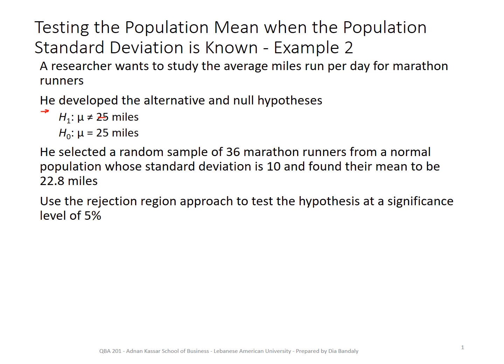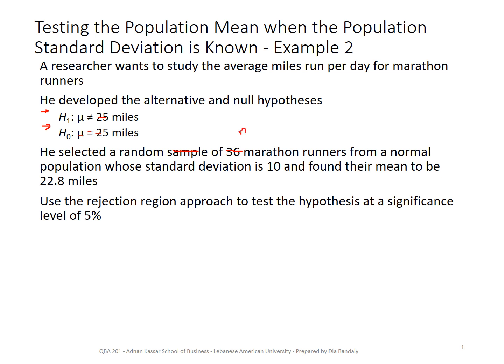All right. So when he developed the alternative hypothesis, the null hypothesis is almost automatic, right? Mu is mu, and then we have the equal sign, and the value for mu naught is the same. To collect the evidence, he collected a random sample of 36 marathoners. So this is our sample size n.